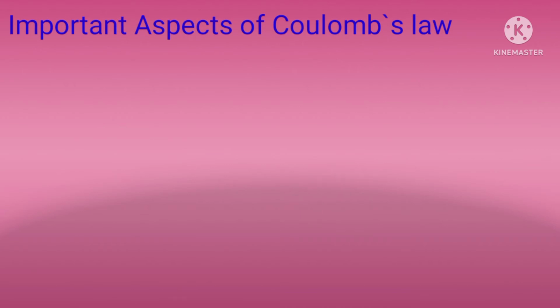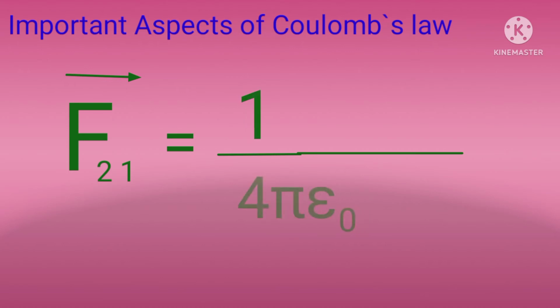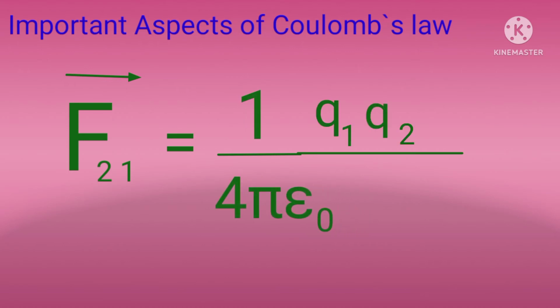And the fifth aspect is, in SI units, Coulomb's law in vacuum takes the form F21 vector equal to 1 by 4 pi epsilon 0 Q1 Q2 by R square R12 cap.